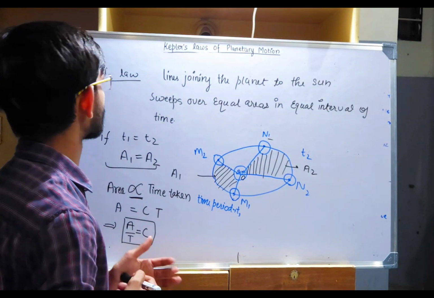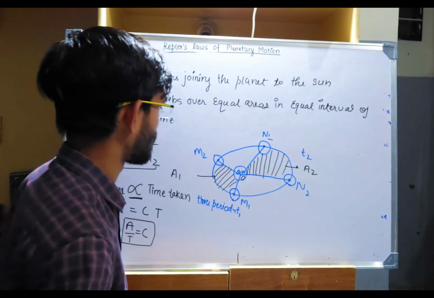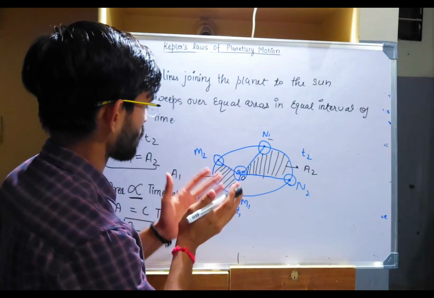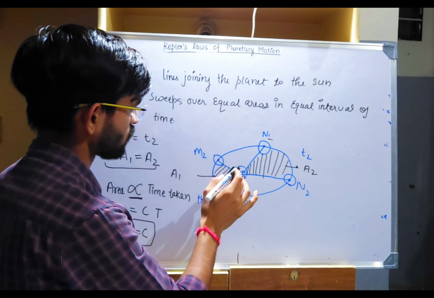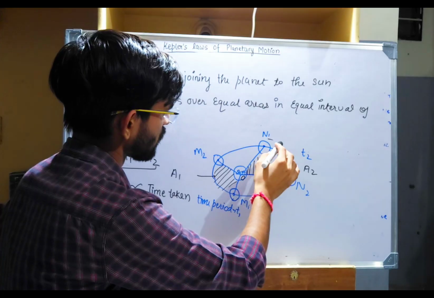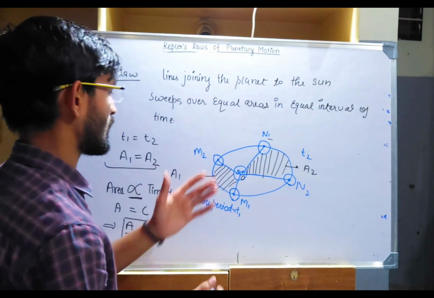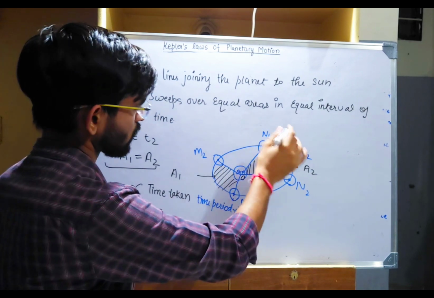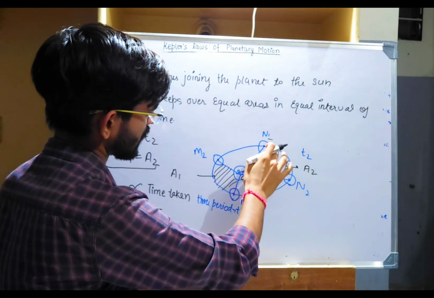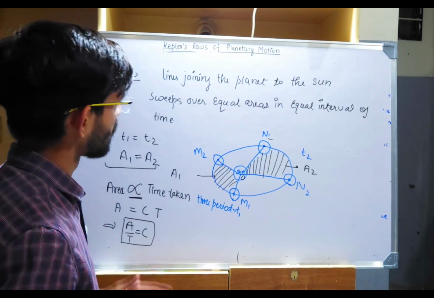I will explain again. According to second law of Kepler, if the time taken by Earth to reach from m1 to m2 is equal to the time taken by Earth to reach from n1 to n2, then the area covered from m1 to m2 will also be equal to the area covered from n1 to n2. That's it.